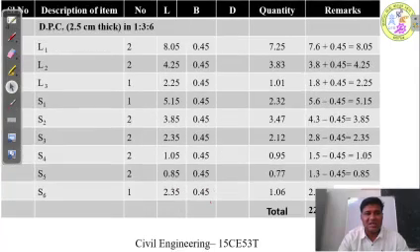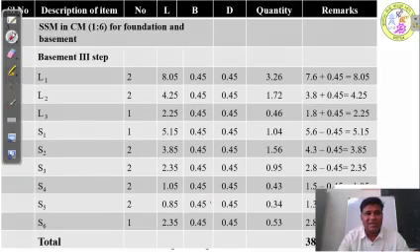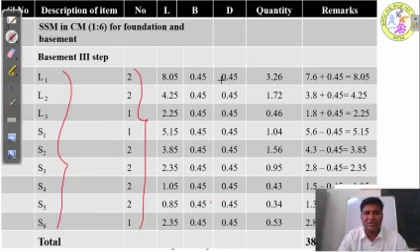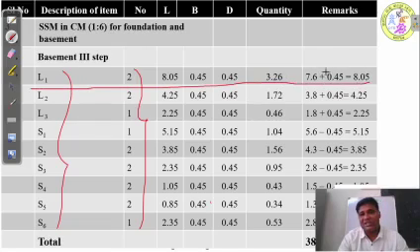calculations, I am going to write the same tabular column, and I am going to write the number of lengths, the numbers of the long walls and short walls, and the same process as we wrote for earthwork. And then for L1, the center to center distance is 7.6 plus the width of the third step, that is 0.45 meters, will give me 8.05.